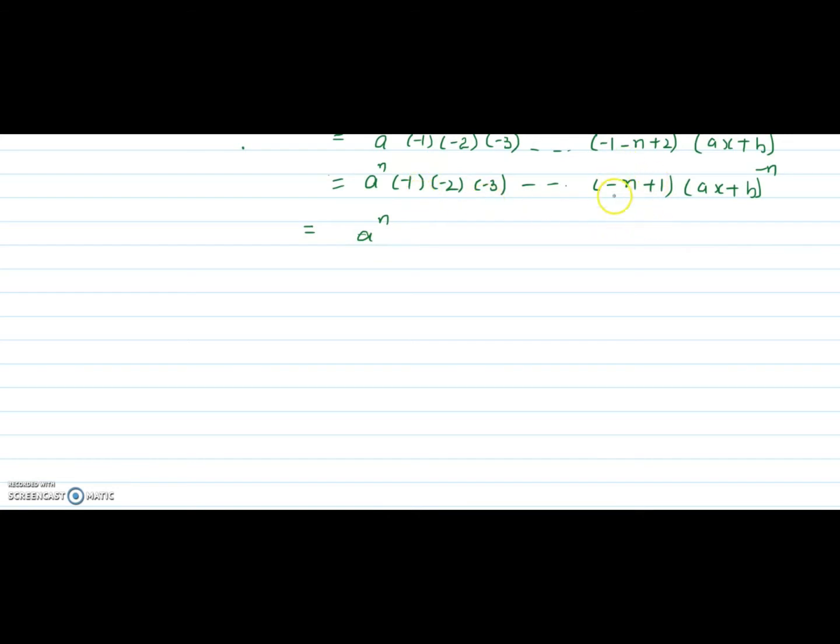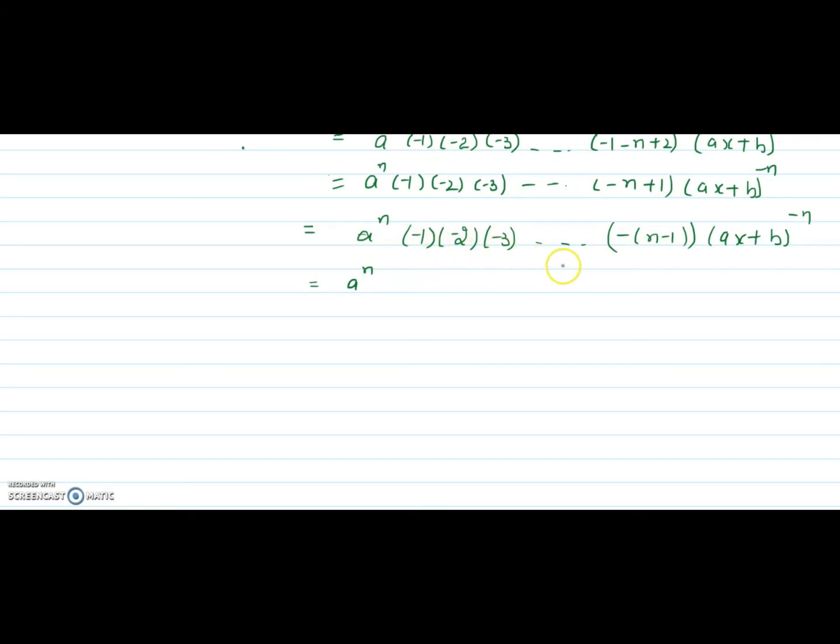If I take minus common out of this, I will get negative of n minus 1 and ax plus b raised to power minus n. How many terms are there? Starting from 1, going up to n minus 1, these are n minus 1 terms.